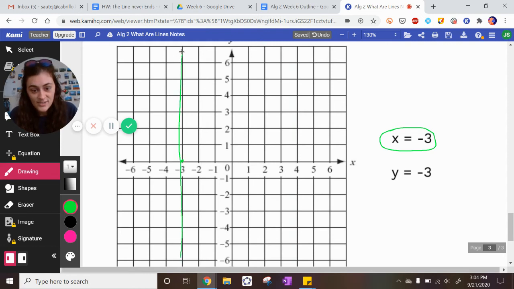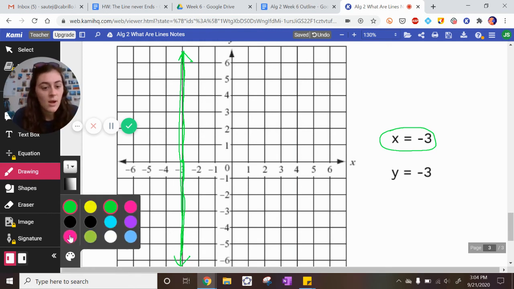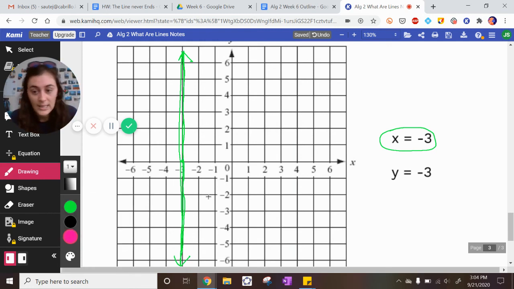Straight-ish, sorry, this drawing tablet can sometimes be a little bit hard to draw straight lines with. And now you can really see why this breaks the vertical line test. At x equals -3, y is 1, 2, 3, 4, 5, 6, -1, -2, -3.5, 2.11. Every y value is possible with one x value. So that breaks our definition of a function completely.